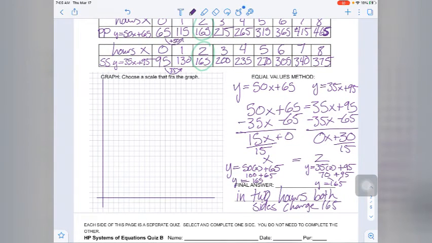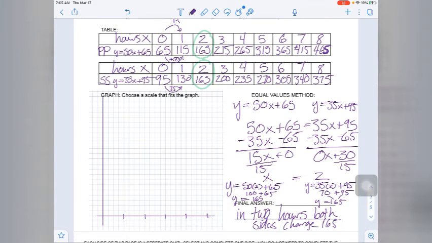Here is 1 hour, 2 hours, 3 hours, 4 hours, 5 hours, and let's say this is 25, 50, 75, 100, 125, 150, 175, 200, 225, 250, 275, 300.